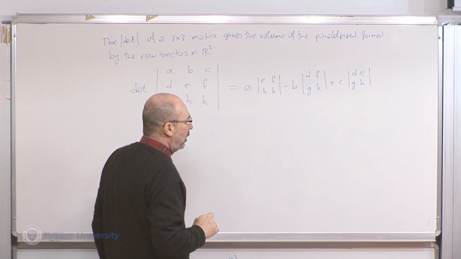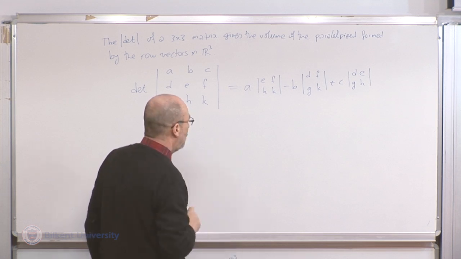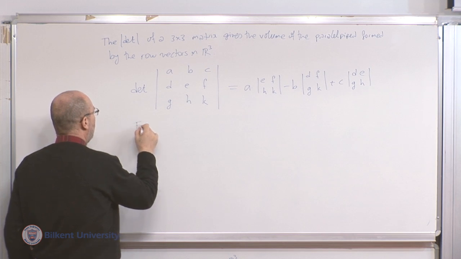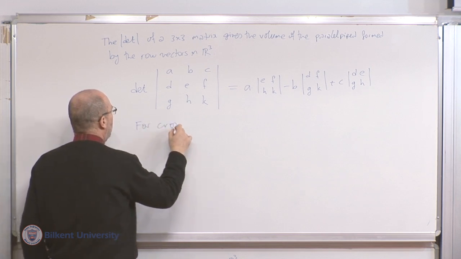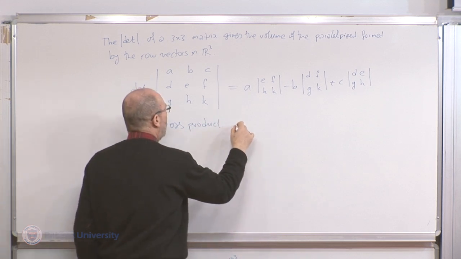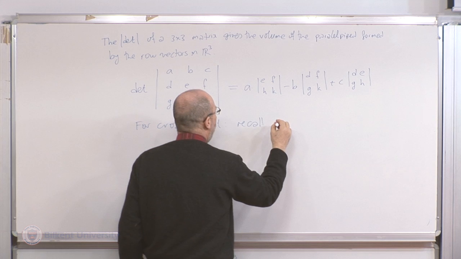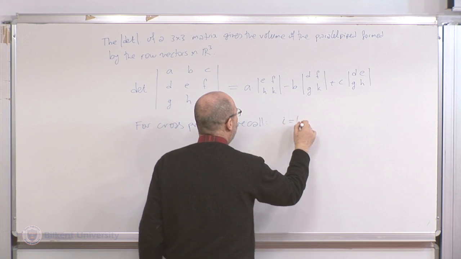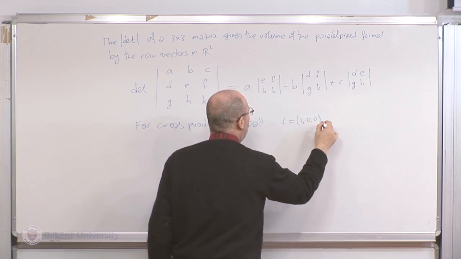Now for cross product, we will use the following notation. Recall that we have the vector I, I'm not putting an arrow now here, is (1, 0, 0).